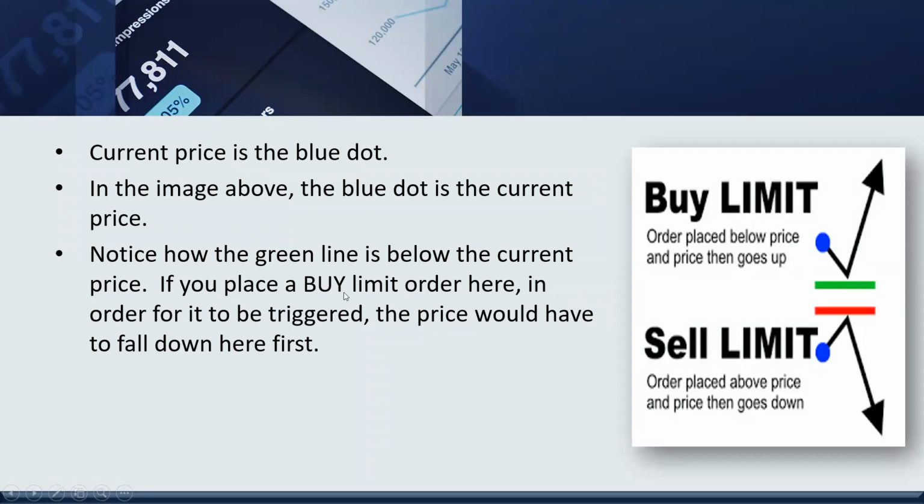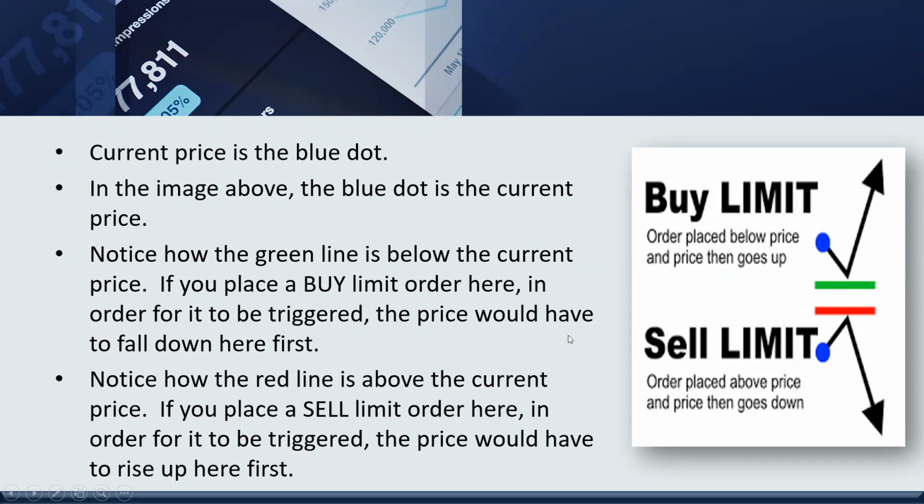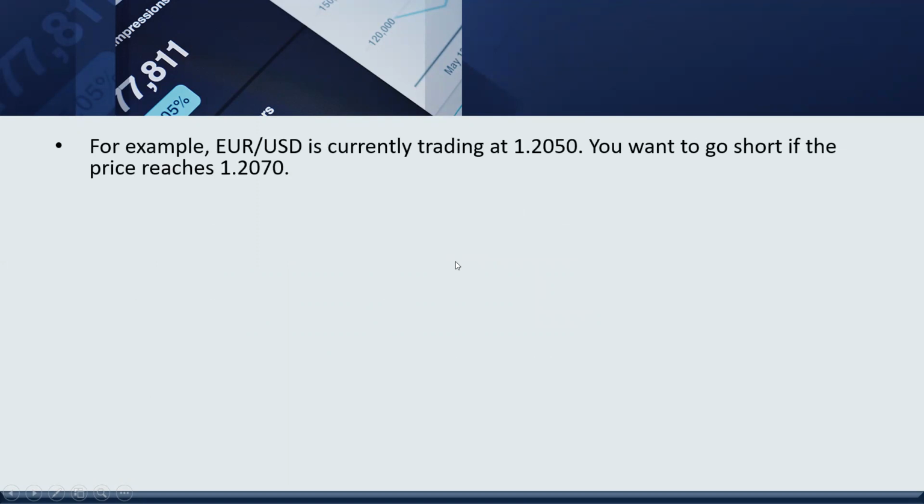If you place a buy limit order, the price would have to fall down to that point first before it activates. Likewise, the sell. Notice how the red line is above the current price. The blue dot is the current price, and you wait for the market to get to this point and start selling. That is a limit order for you.